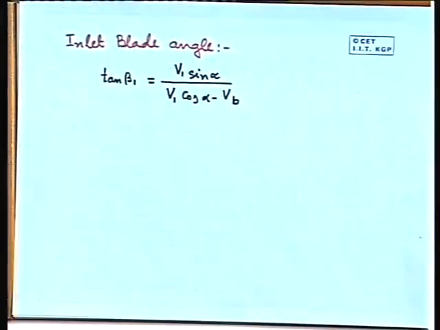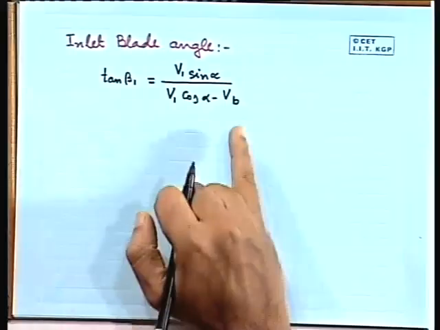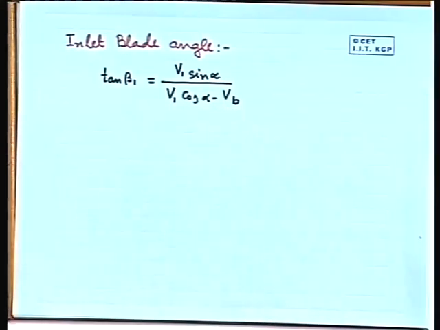When we did the nozzle analysis in the previous class, I discussed this. So, from there I will get V1, and then the nozzle angle should be known to me, and then Vb, the blade velocity due to rotation of the disc, should be known to me.